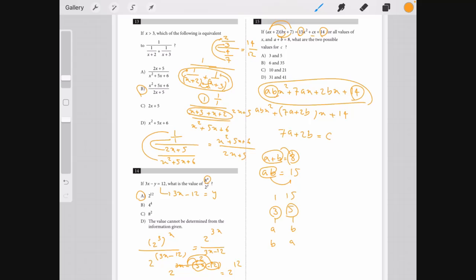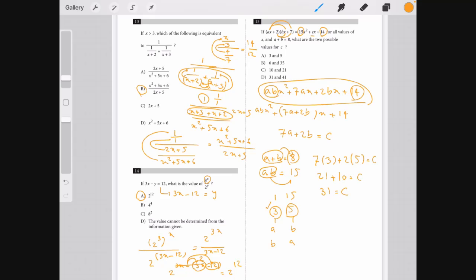First, 3 is a, so a is 3. From here it's going to be 7 times 3 plus 2 times 5, which is b, equals c. So it's 21 plus 10 equals c, so 31 is c.